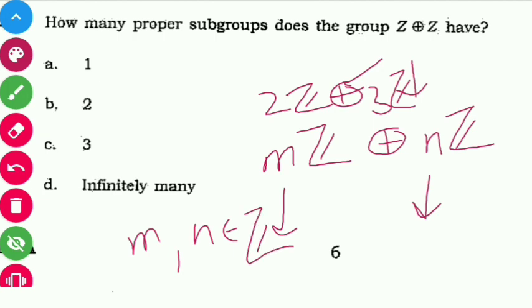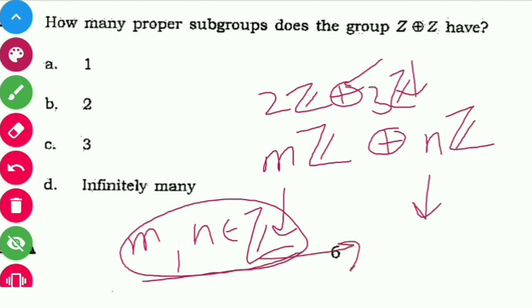So there are so many possibilities, right? Infinitely many possibilities, because this Z is infinite. So there are infinitely many proper subgroups for this Z direct sum Z group. So this D option is the correct option.